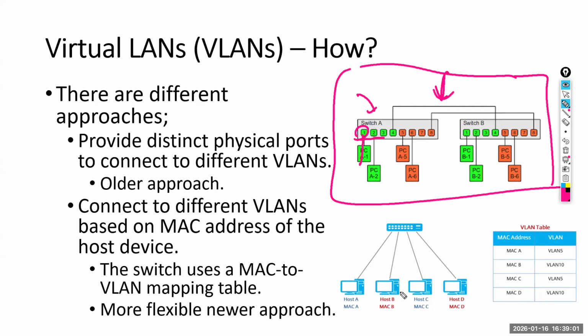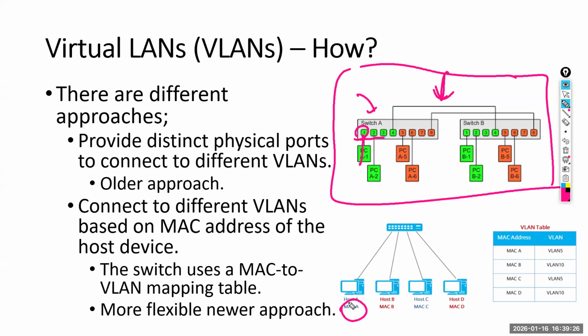Rather, when you connect to the network, it detects whether you must be connected to department A LAN or department B LAN. So first you register your machine, providing your MAC address, and say, okay, this particular MAC address is the HR department.